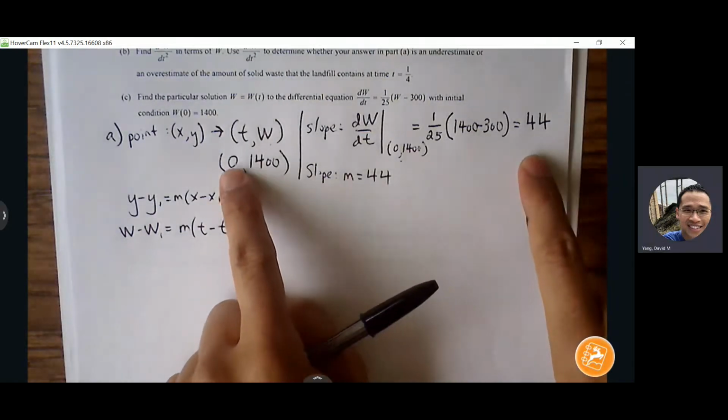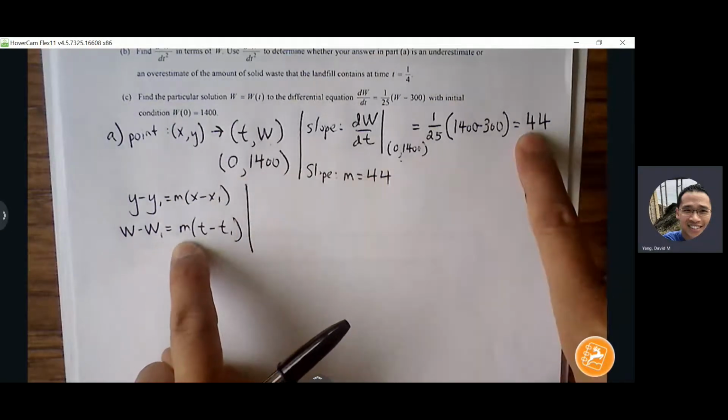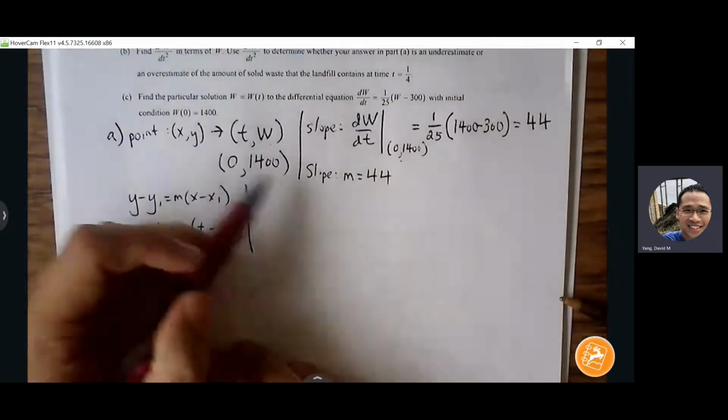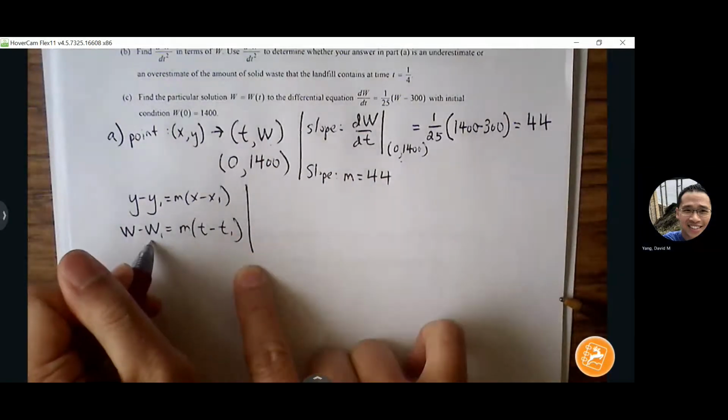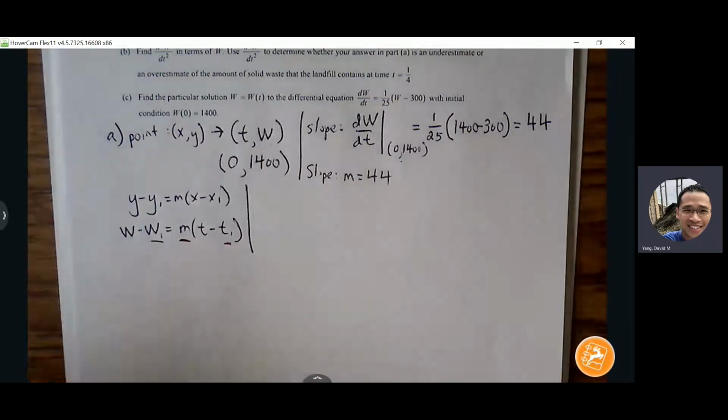So we make our substitution. w minus 1400 is equal to 44 times t minus 0, right? We're just inserting our ordered pair in for t1 and w1, and then replacing the m with 44.